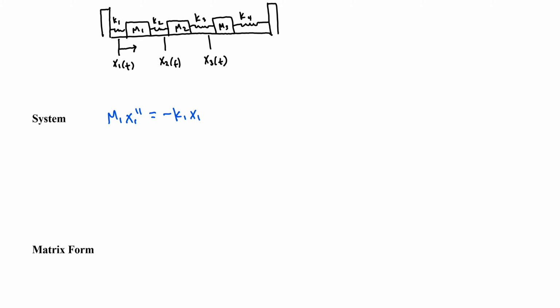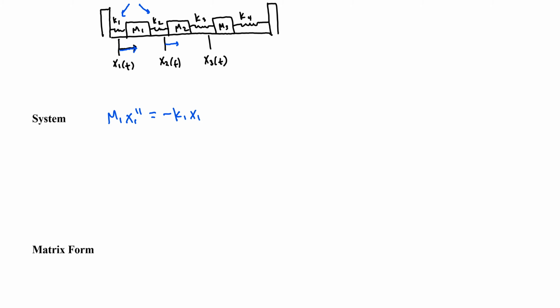Now, not only acting upon mass m sub 1 is k sub 1, but also this spring with spring constant k sub 2. However, let's suppose that mass m sub 1 moves to the right a particular distance, and m sub 2 also moves to the right.